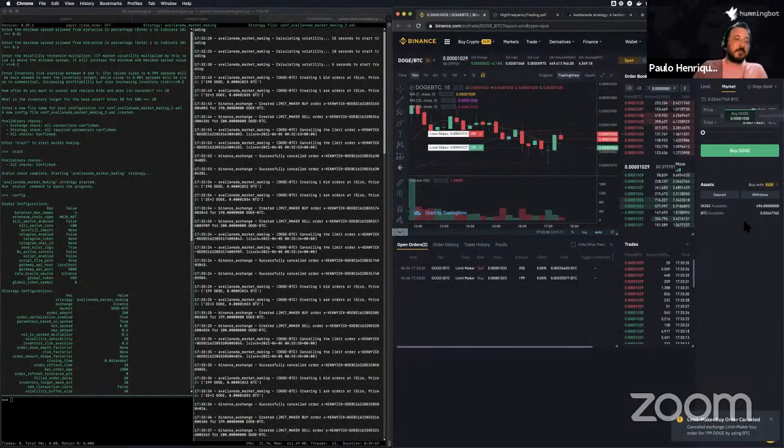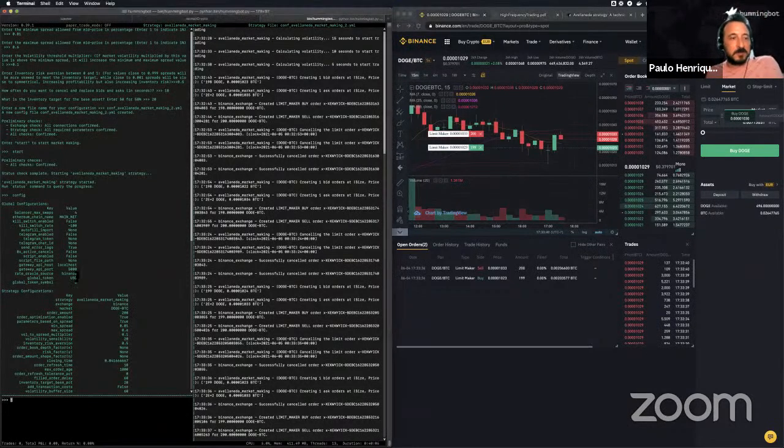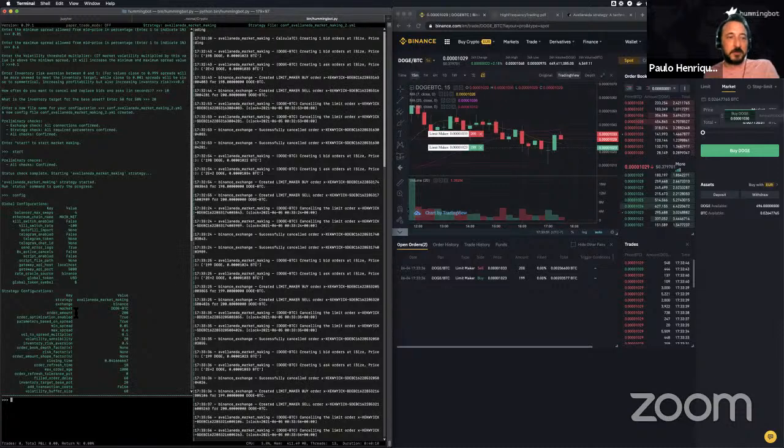There are still a few interesting things. When you type config on the bot, you who are watching can see that there are a few options that didn't appear when you first created the bot.